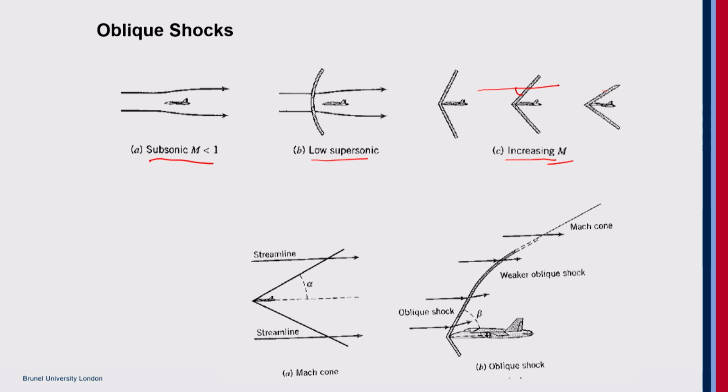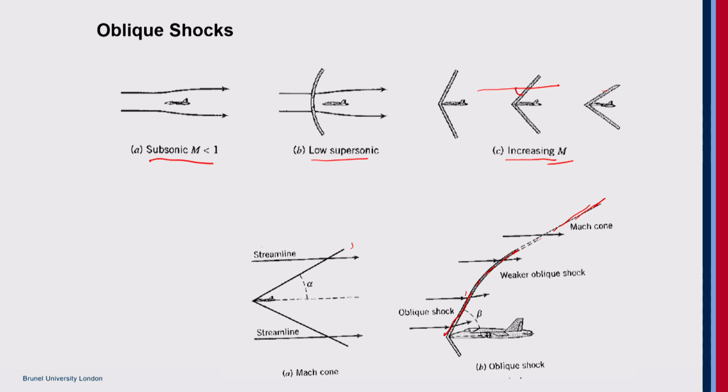This is a complex phenomenon because at higher speeds, this is the Mach cone we saw here. You have this oblique shock that becomes weaker as it moves further and eventually becomes a Mach cone.